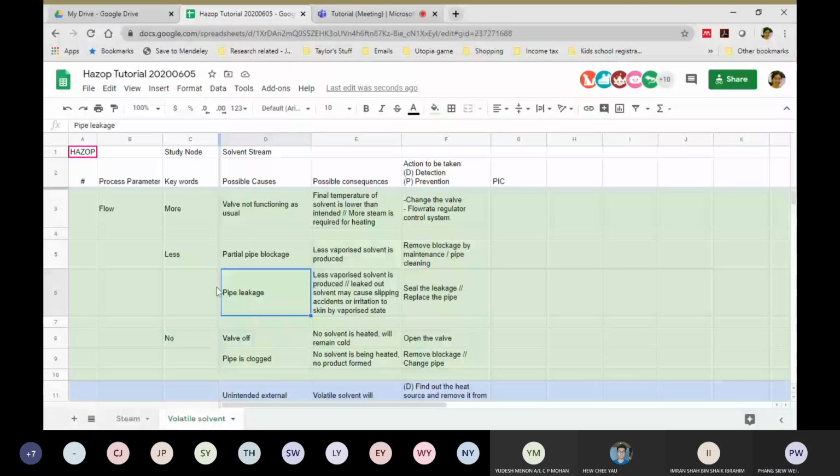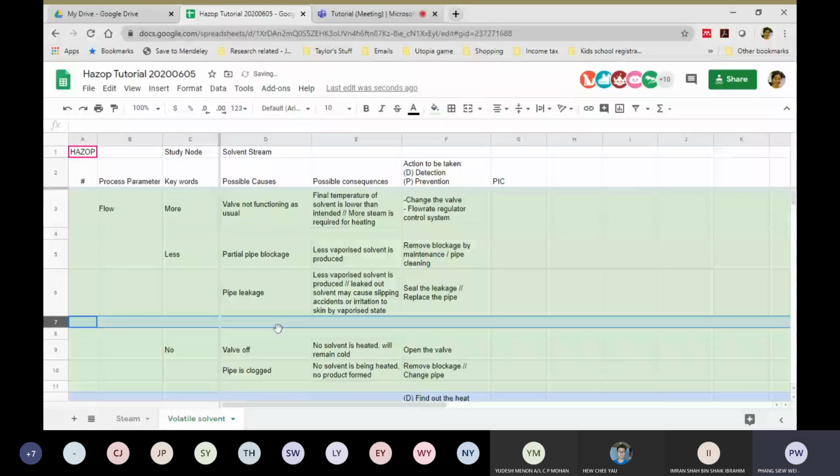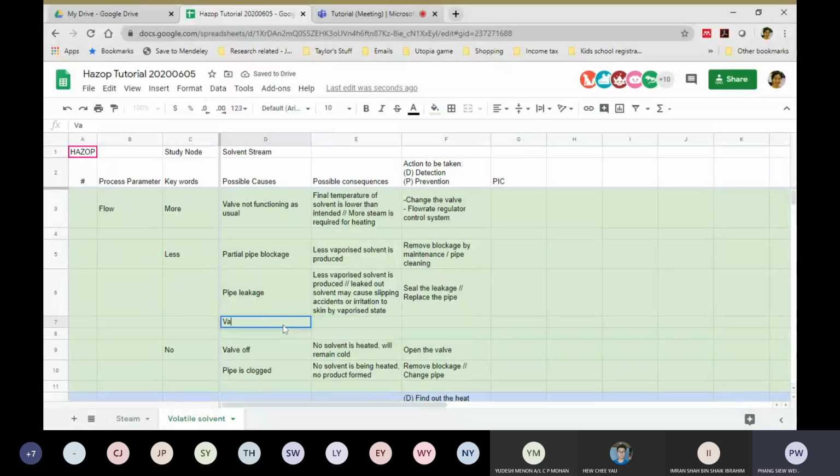Can I just insert one above? Valve at wrong setting. Then we can see what the consequences are that are written there. And then what we are going to do is a setting checklist.